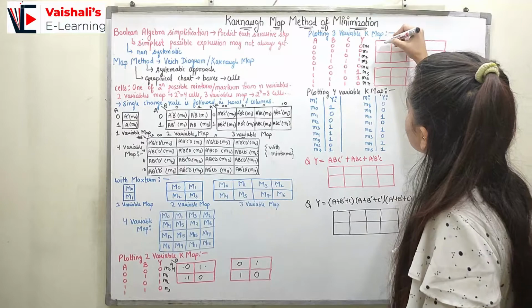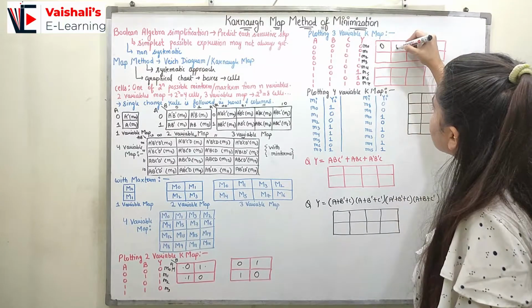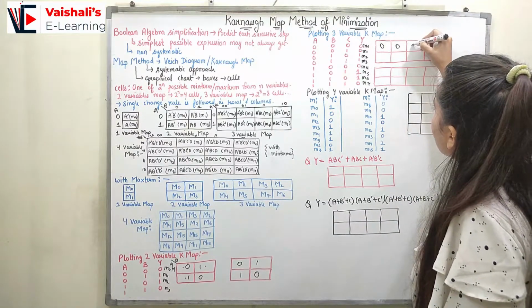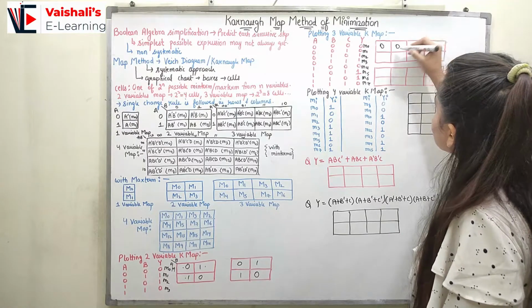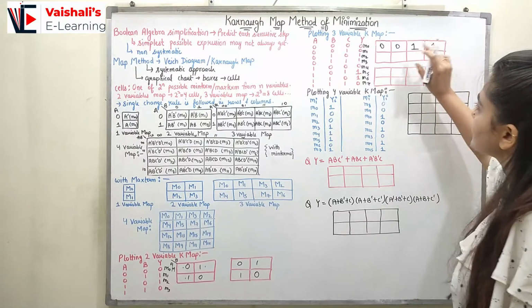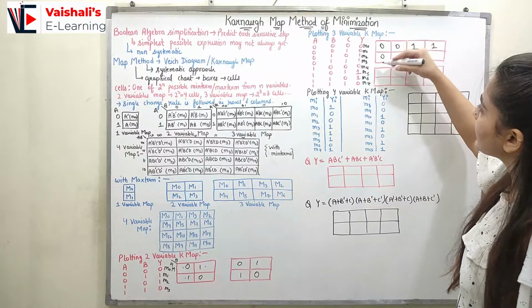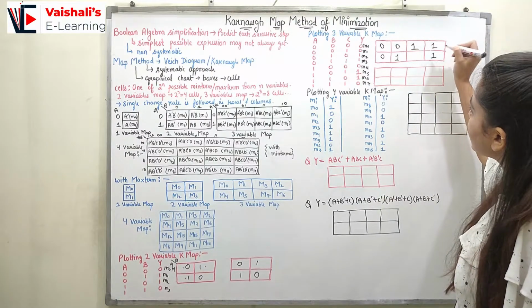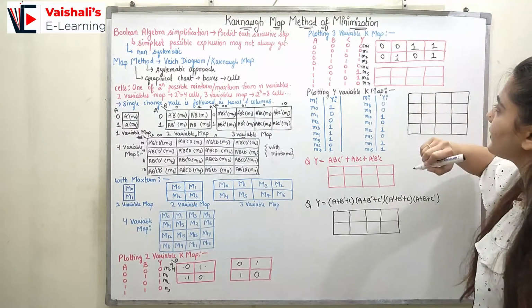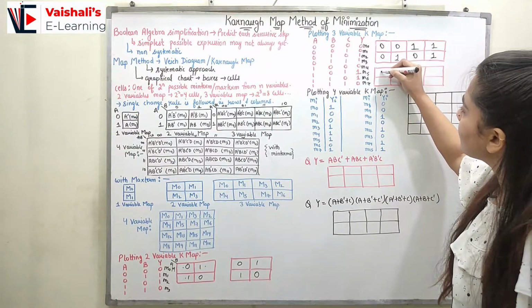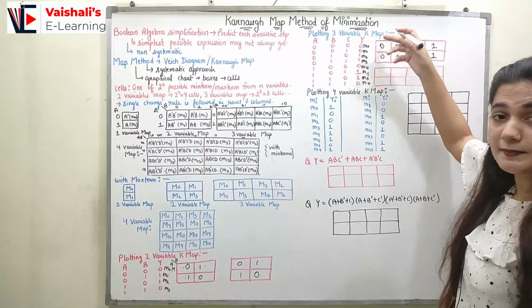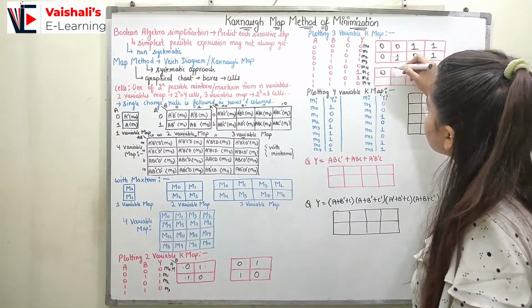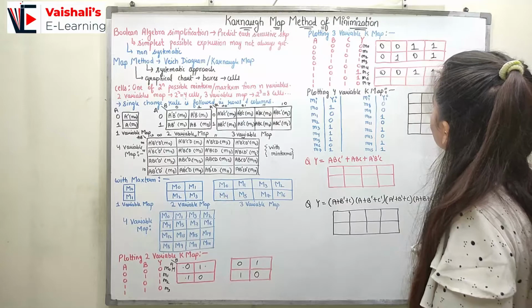Now m0 is coming over here, which is 0, m1 is 0, m2 is 1, m3 is 1, m4 is 0, m5 will be here, which is 1, m6 will be here, which is 1, and m7 over here, which is 0. Similarly you can see what my max terms are, and with the help of max terms also you are going to get the same plot.